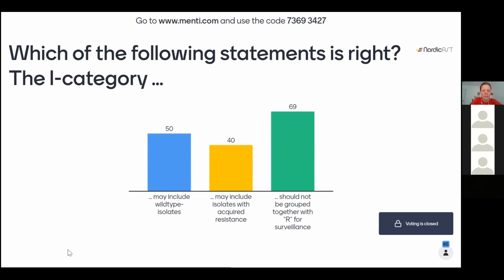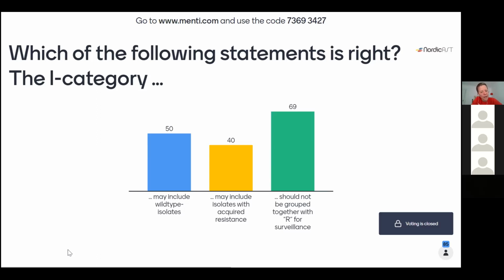So I don't think I made the point too clear, because actually what is right are all 3 answers. The I category can include wild-type isolates. That is the case, for example, for Pseudomonas and Ceftazidime, where the wild-type requires treatment with the high dosage.